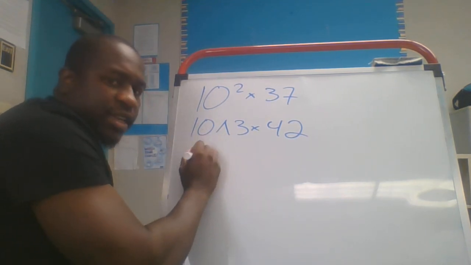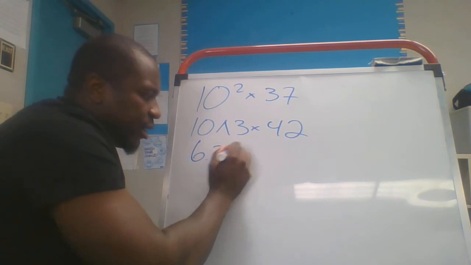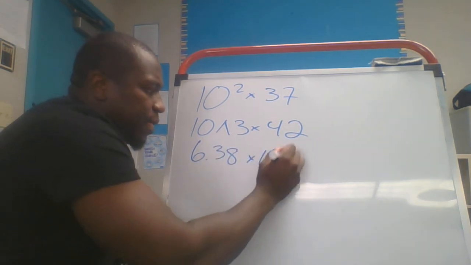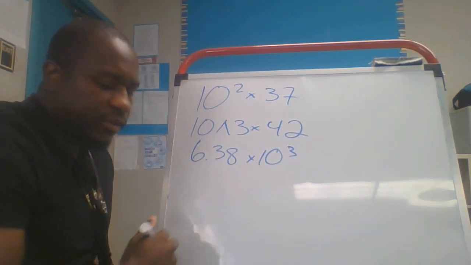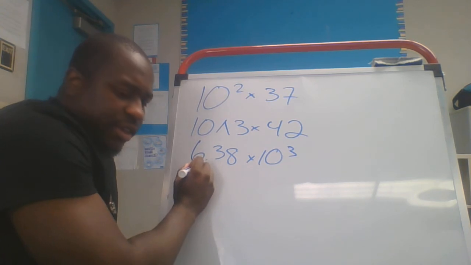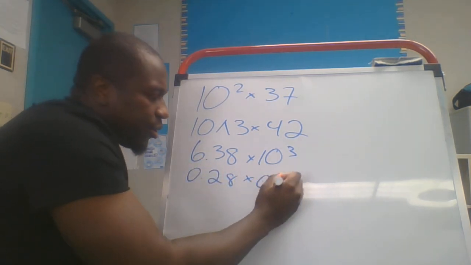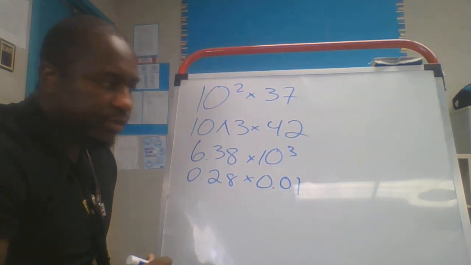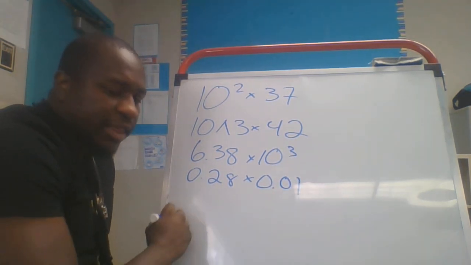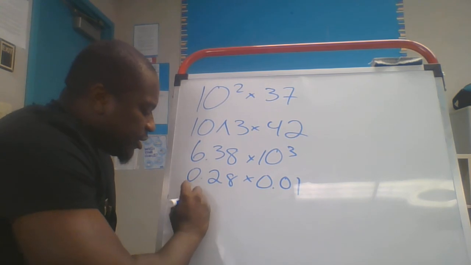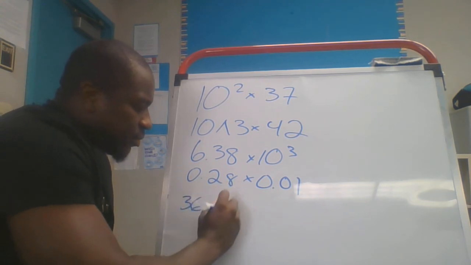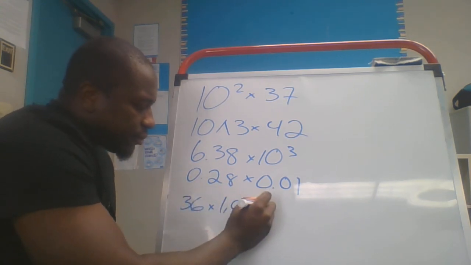The next question is 6 and 3800ths times 10 to the third power. Your fourth question is 2800ths times 100th. And then our last problem for practice is going to be 36 times 1000.